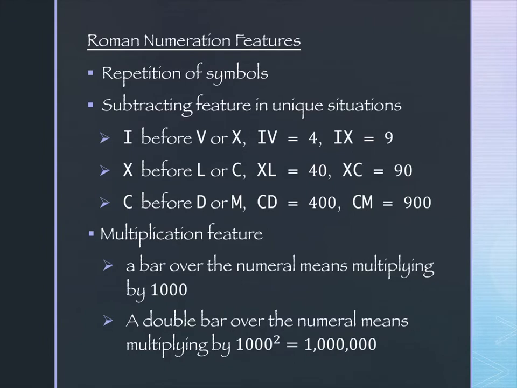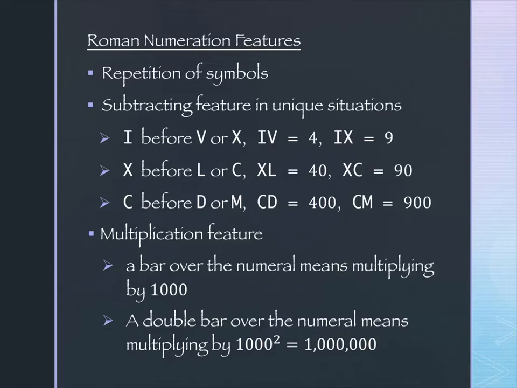So they have a subtraction process. If there's a symbol that they would have had to write 4 times, like the number 4, they don't write 4 I's. They write IV. If the smaller digit comes before a larger digit, it is subtracted. So I before V is 4, but if you had the V and then the I, it'd be 6. Anytime the smaller symbol comes before the larger symbol, we subtract.